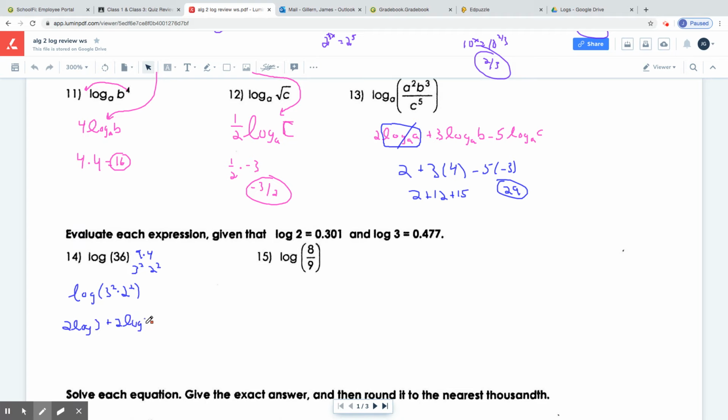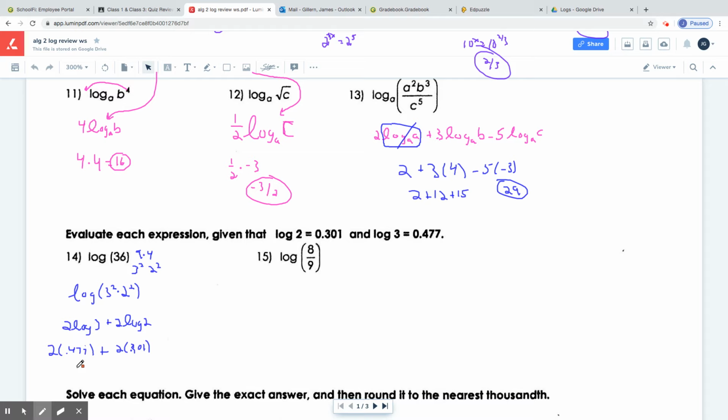2 times 0.301 plus 2 times, sorry, I got a little dyslexic there. Log 3 is 0.477, and log 2 is 0.301. I want to change the answer because it's 2 times that.